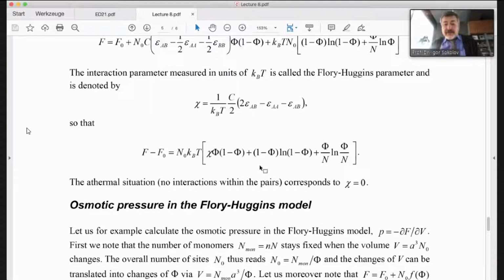The thermal solution corresponds to this guy 0. We will go into this also later.